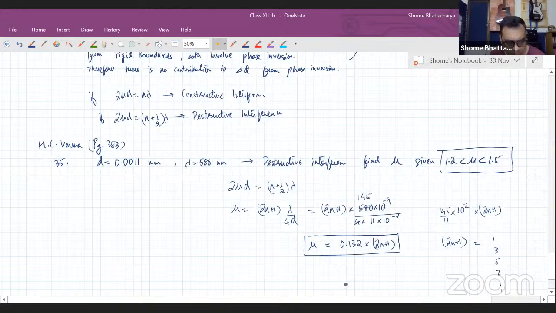So I think you will get something close to 1.3.